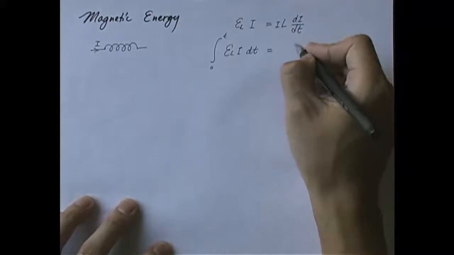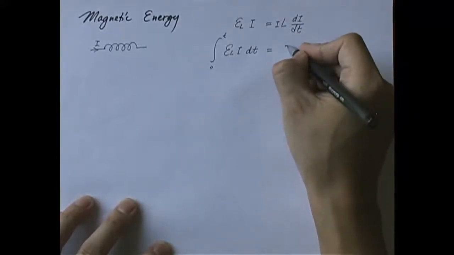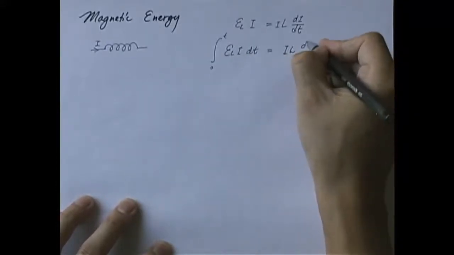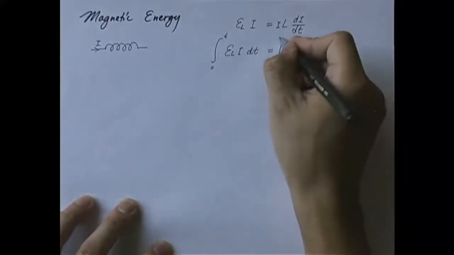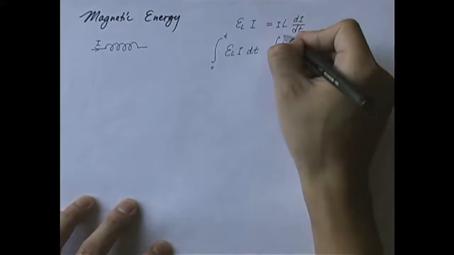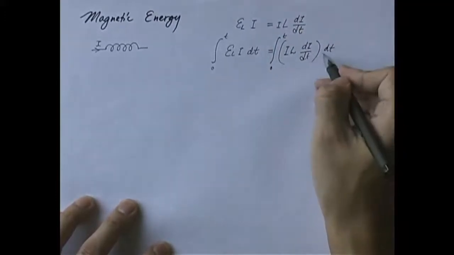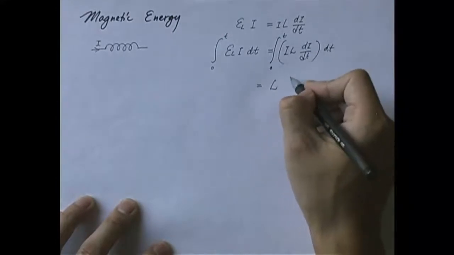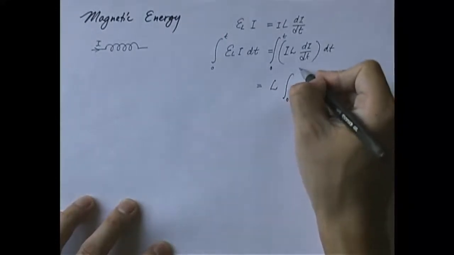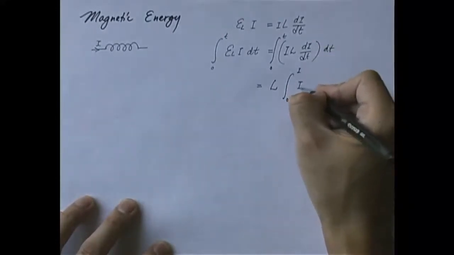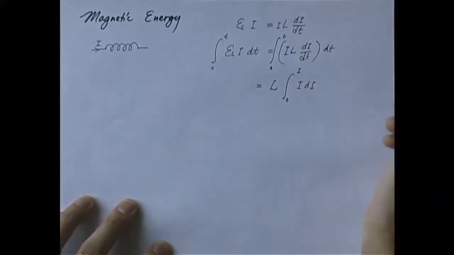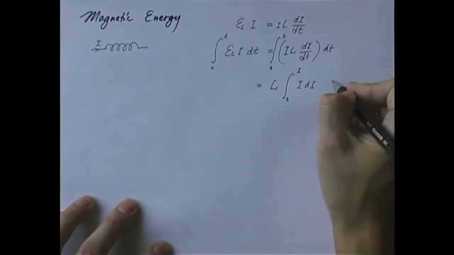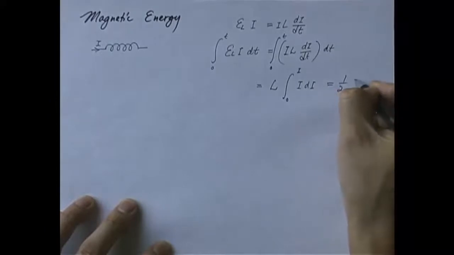This side is equal to that side, so I can redo this calculation: the integral from 0 to t of I L di/dt times dt. Now, cross out the dt and integrate over di instead. L is a constant, so we have L times the integral from 0 to the final value I of I di. That's 1/2 I squared, so this becomes 1/2 L I squared.